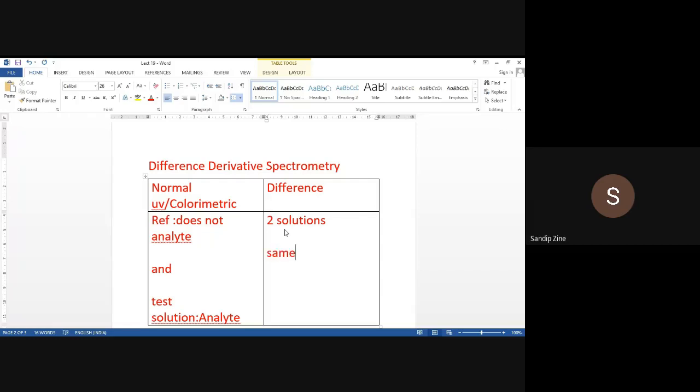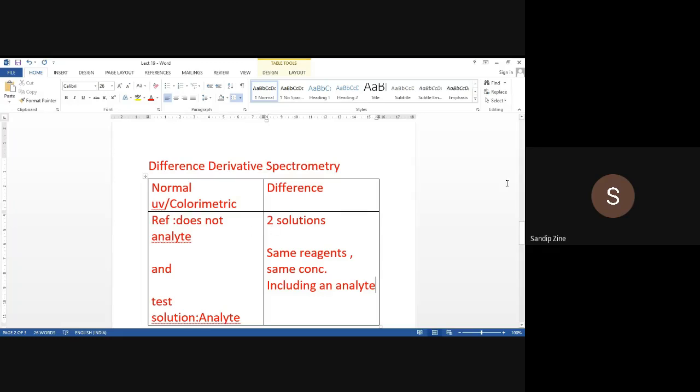See, try to find the exact difference. Both solutions contain the same reagents in the same concentrations. One more point I am writing here: including an analyte.